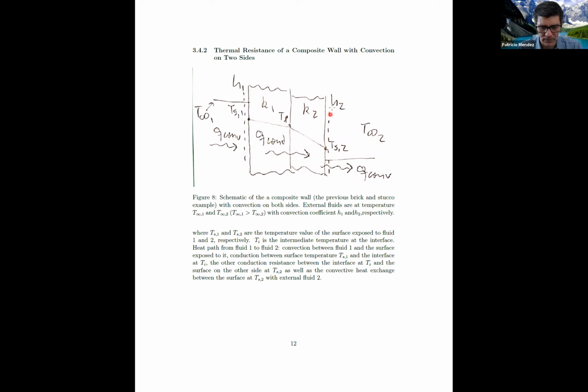Similarly, on the stucco outside, we have this dashed line indicating the thickness of the boundary layer outside. The inner wall has a surface temperature Ts1, which we don't know. And the outer wall has a surface temperature Ts2, which we don't know. We know the temperature of the air inside and outside, but not the temperature of the surface of the wall.